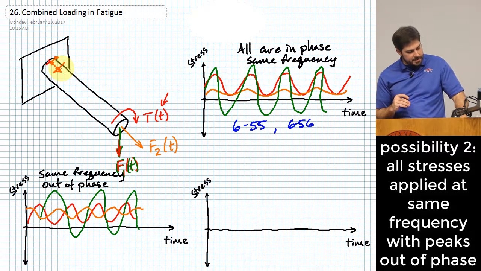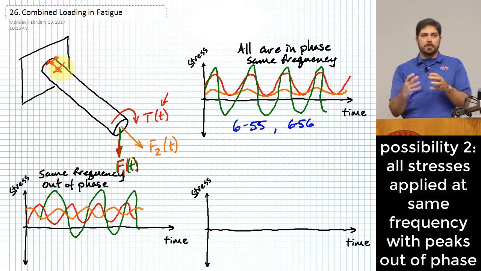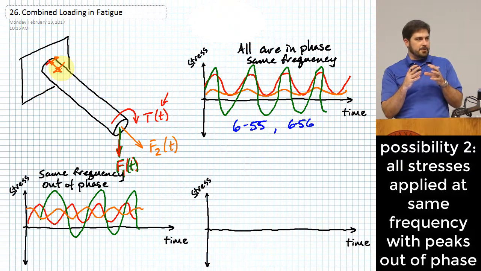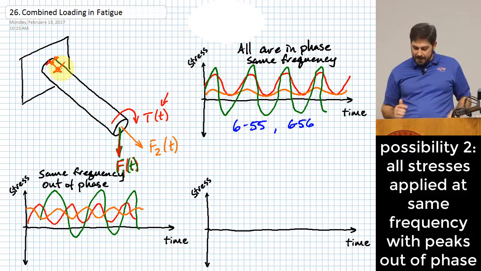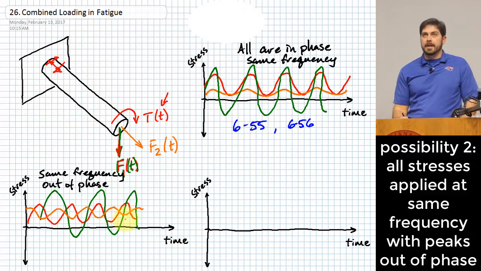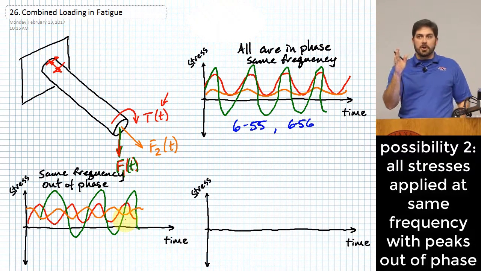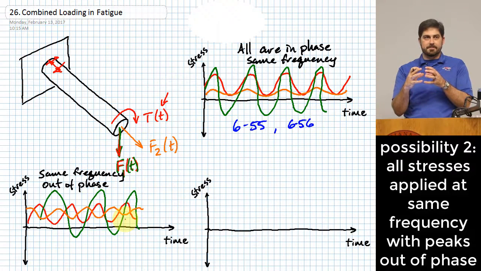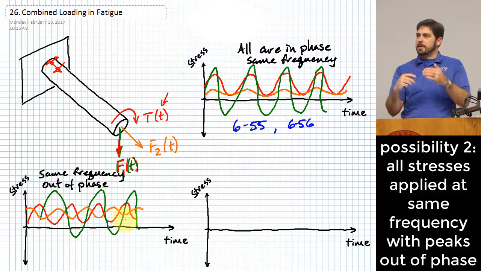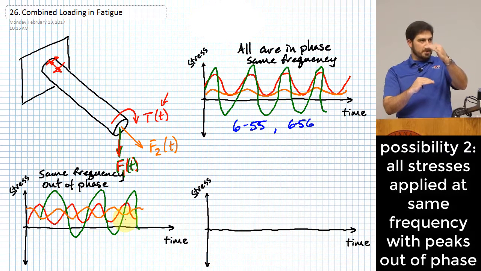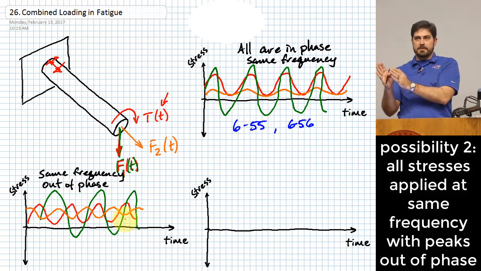Actually, right above equation 655, they give an equation that doesn't even have a number, but it shows you a reduced form of the von Mises stress equation that you can use to find von Mises stress. And you can do that in terms of time. And as you do that, if you step through time, you can figure out where your extremes are after having combined them together. And once you do that, then you'd use their same approach that you've used in the past and find your maximum stress, your minimum stress, and then from those you can find your mid-range and alternating stresses.